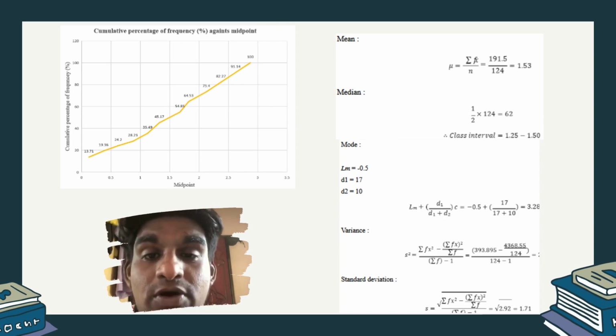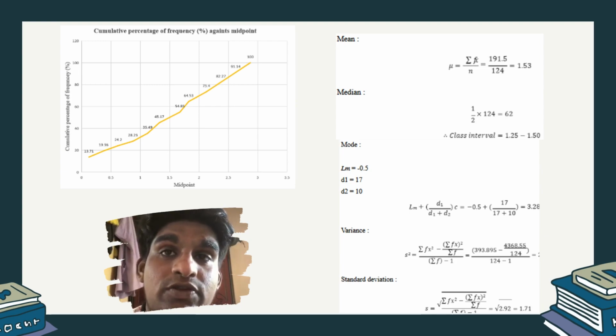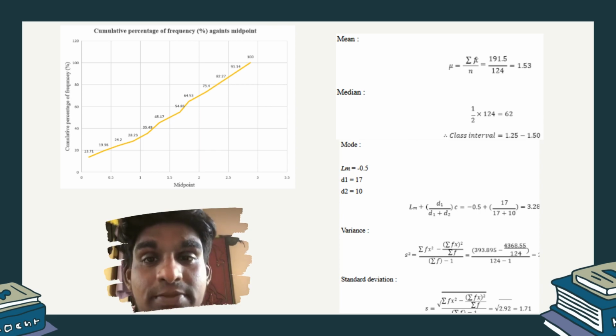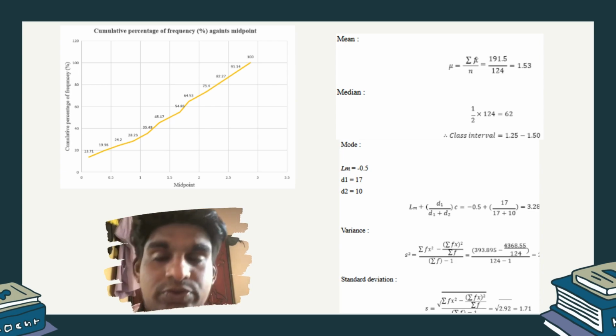Mean equals the sum of fx over n, which equals 191.5 over 124, so the answer is 1.53. Then the median: 1 over 2 times 124 equals 62. The class interval is 1.25 to 1.50.